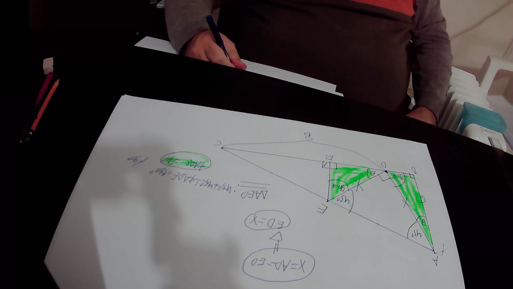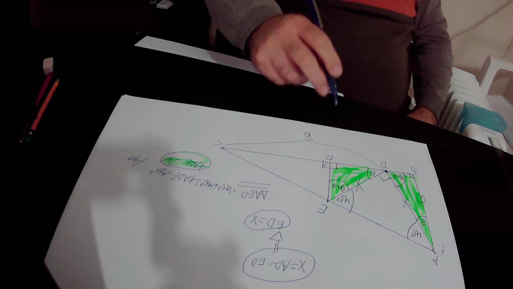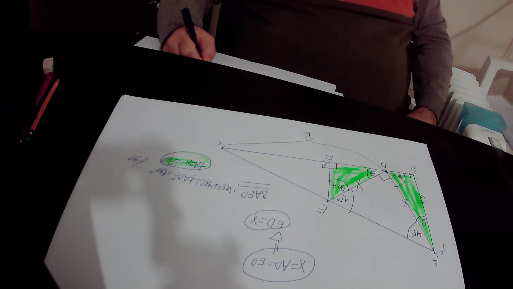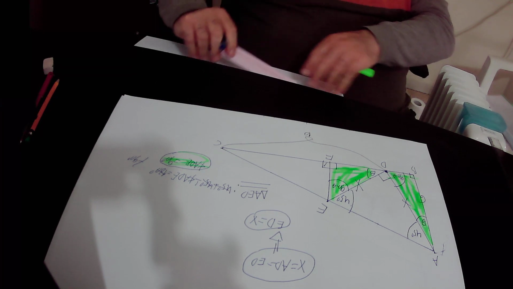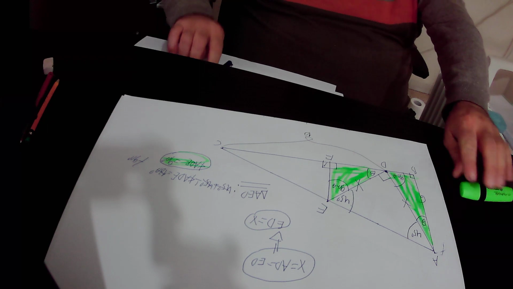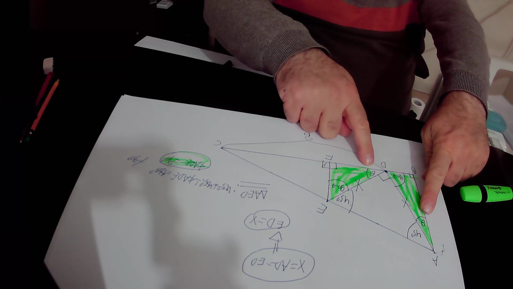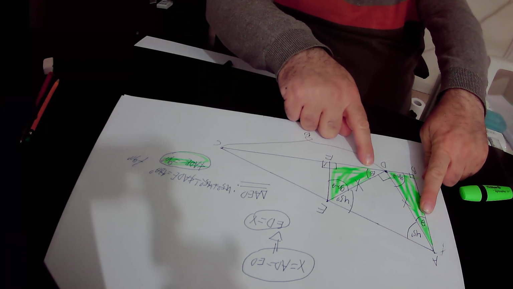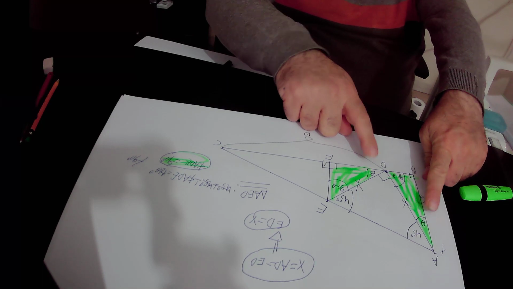First of all, we focus on the right triangle ABD and the right triangle EDF. First of all, those two angles are equal to each other, they are both equal to theta.